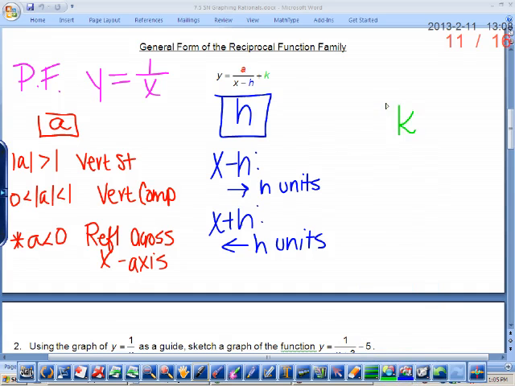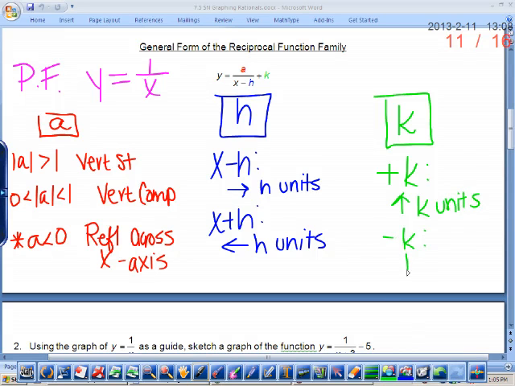All right, and last, let's talk about k. If we have a plus k at the end of our function, what does that tell us to do? Move it up. Up k units. And what if we have minus k? Down k units.